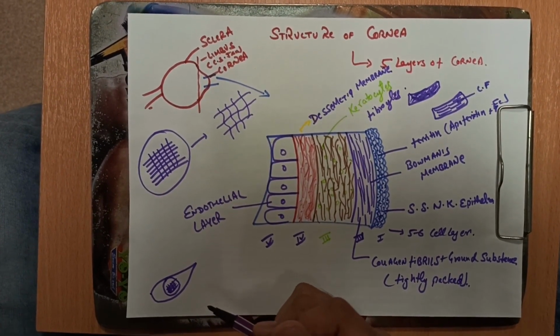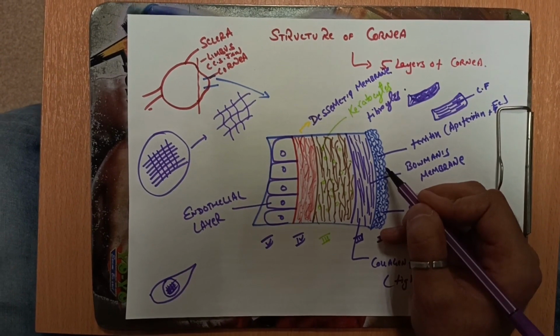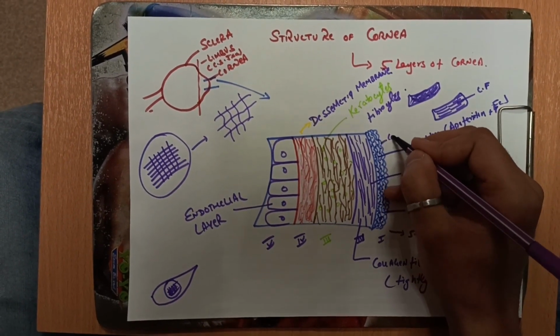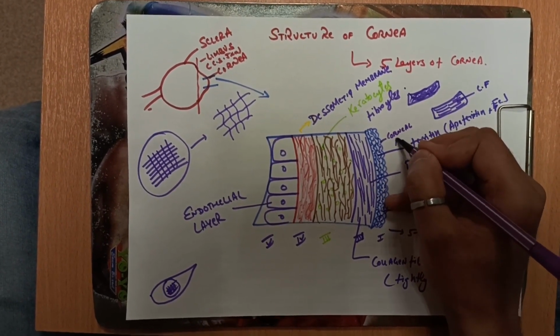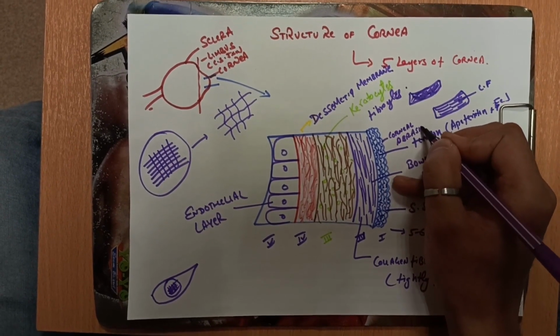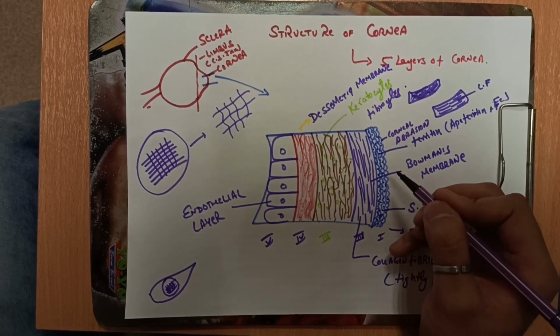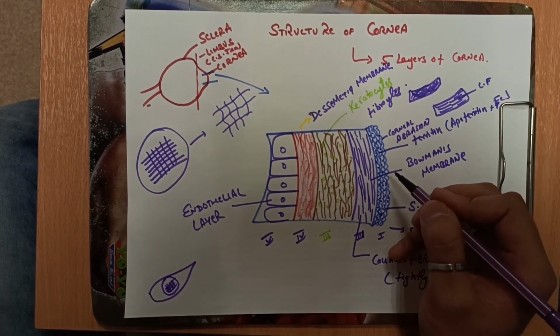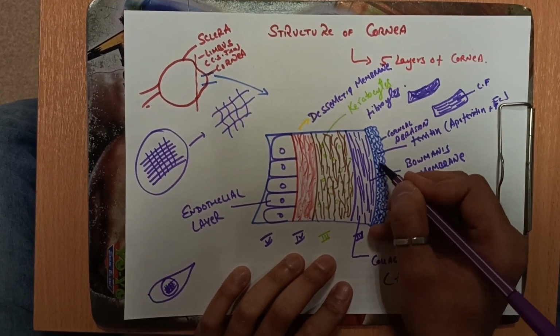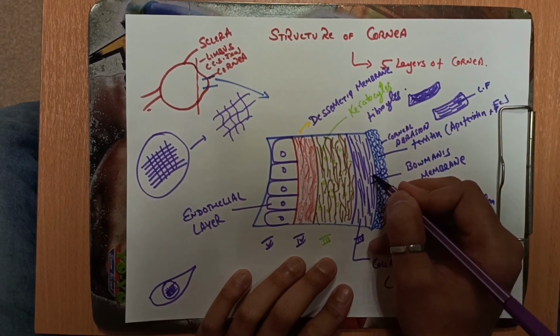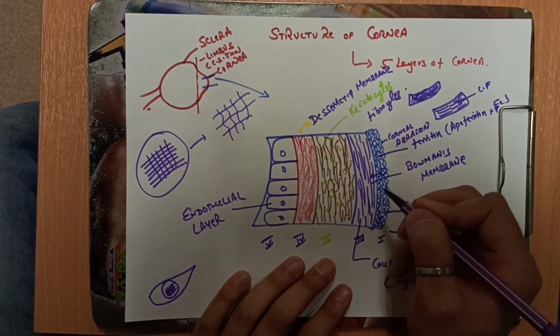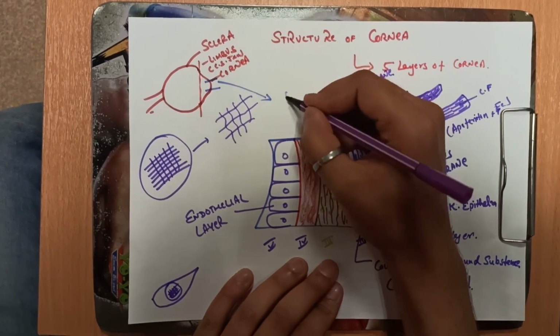Now if the epithelium is damaged, then it will lead to corneal abrasion. If the damage goes deeper, since you know that epithelial cells have a property of proliferation, if there is damage here, these will proliferate. But if the damage goes deep into the Bowman's membrane, it becomes corneal ulceration.